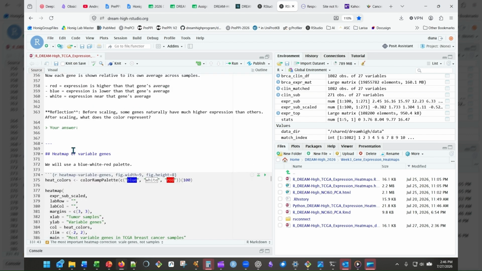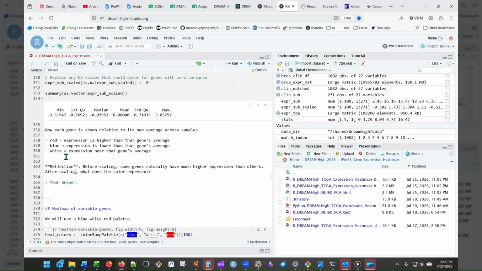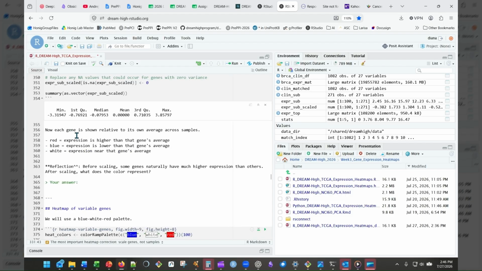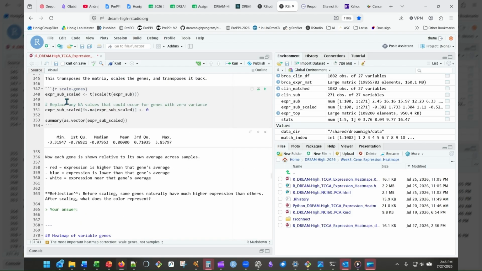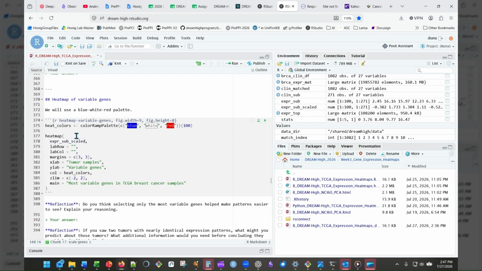So we're very used to doing heat maps. We've created this object called, where did you go? Yeah, here we are, the expression subscaled. And that's what we're going to be making our heat map of, the smaller expression matrix that has 100 genes and 271 patients.